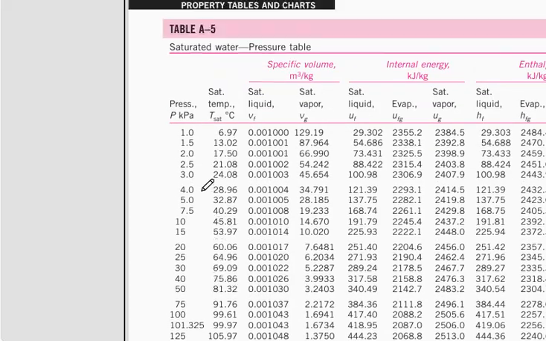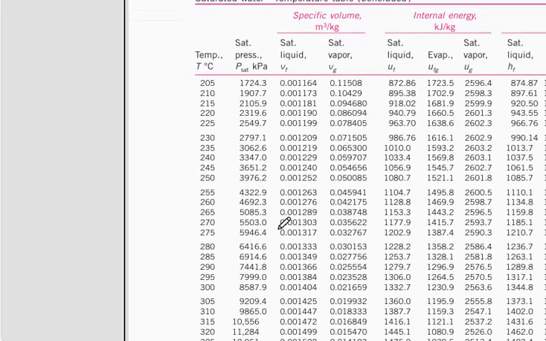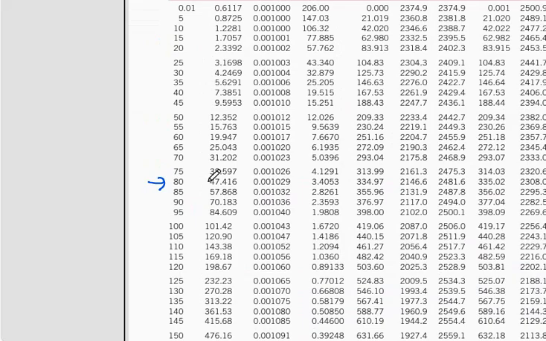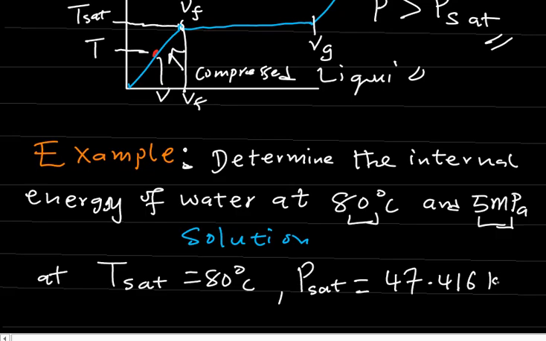At the saturated temperature of 80 degrees Celsius, the pressure Psat is 47.416 kilopascal.